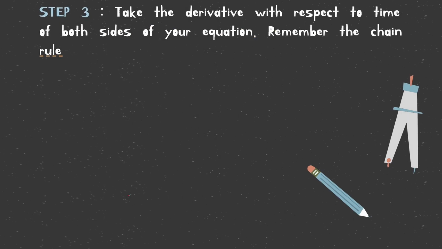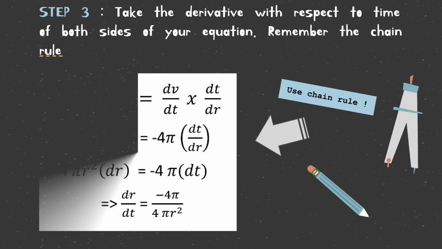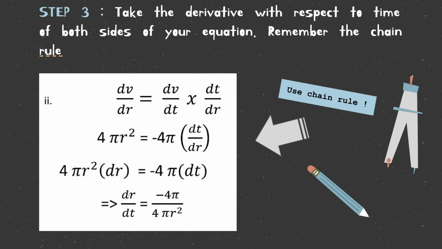The third step, take the derivative with respect to time of both sides of your equation. Remember the chain rule. In this step, we will use the chain rule. What is the chain rule? Let me show you.